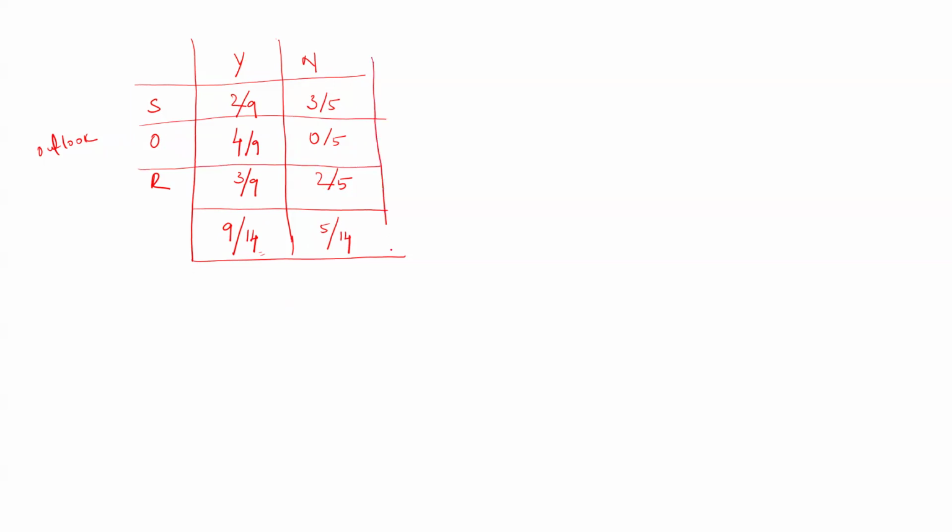Okay. Similarly, let us construct for each and every value. If it is sunny or overcast or rain, how we are going to find out, check here. So it is total 2 plus 3, 5, and we have total class labels as 14. Then 4 plus 0, 4, we have class labels 14. Similarly, 3 plus 2, 5, and total class labels is 14. Okay.